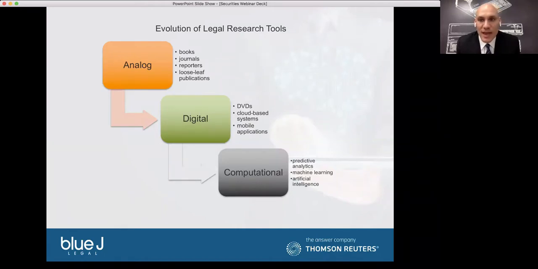That all changed with the advent of digital research tools. So by the late 90s, early 2000s, we really started to see digital research tools take over from their paper-based counterparts. Lots of advantages of digital, of course. One is that you don't have that exclusivity problem that you have with paper-based resources. Multiple people can look at the same digital document at the same time.